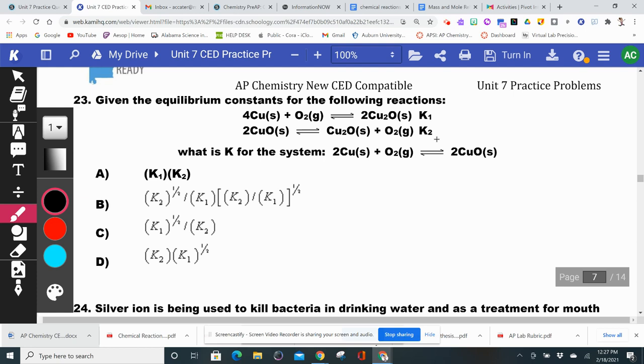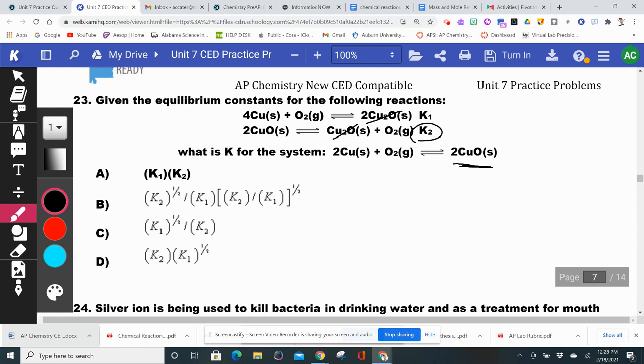Like the second one here, K2, if we turned K2 around backwards, we would have the CuO, the copper oxide, on the left, which is what we want to get to. And our Cu2Os would cancel out because they'd be on opposite sides. So you may have to wind up manipulating these things.